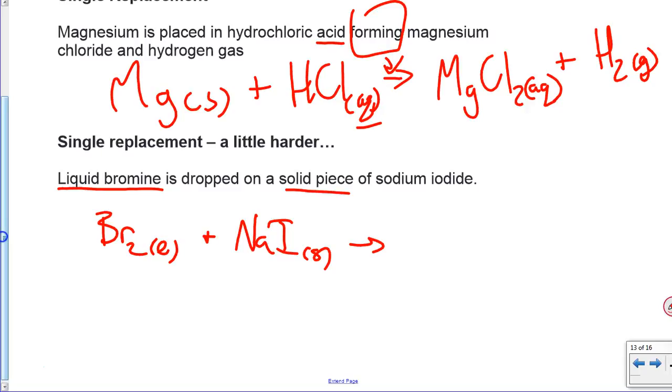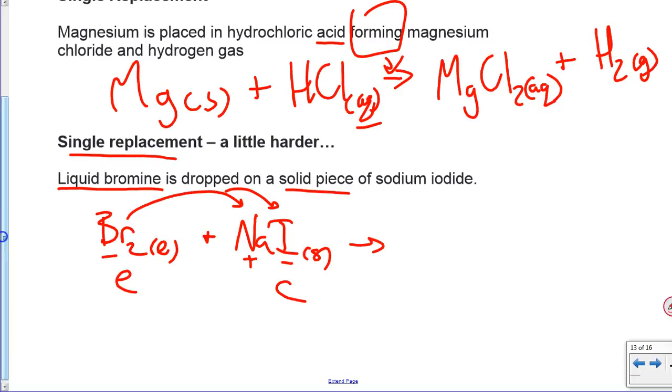Now we know that this is, again, an element and a compound, so we know it's a single replacement, as it says up here as well. So we know bromine is going to go in and replace one of these. Now, we know sodium has a plus charge. Iodide has a minus charge. What would bromine like to do? If bromine is going to join these, he can do whatever he wants. So we go to the table and bromine should be negative.